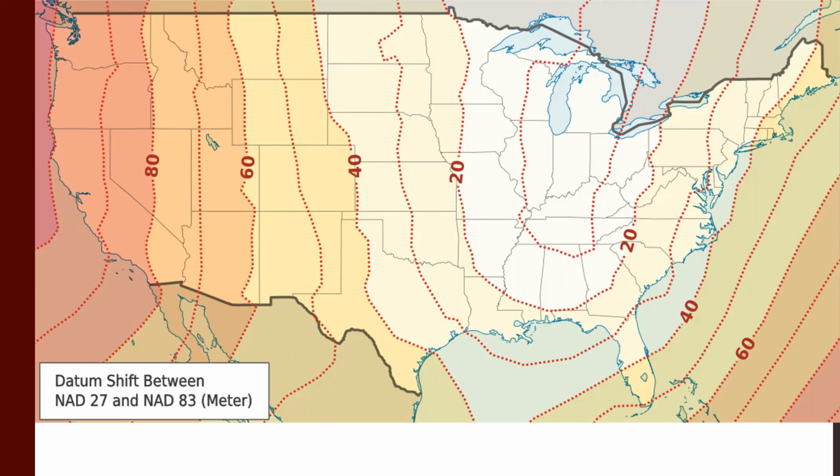Between NAD 27 and NAD 83, locations make big changes. So these are changes in distance in meters. And if you're in Michigan or Indiana, you can use your NAD 27 measurements just as good with your NAD 83s, but don't do that in Colorado or Idaho or Washington.